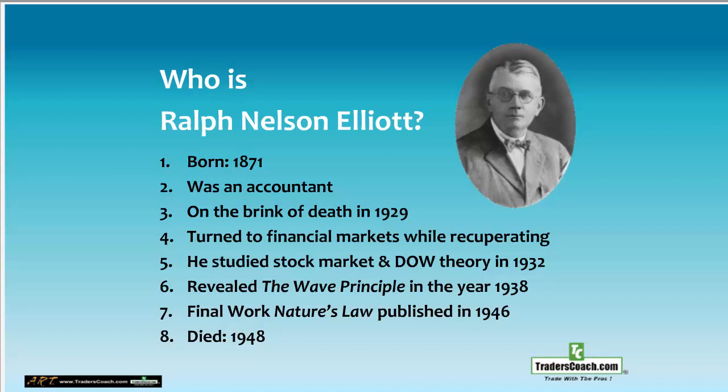So he was able to turn that recovery time into a different study of the markets. He studied the stock market and the Dow theory in 1932 and revealed the wave principle, which is a book he wrote in 1938. His final work, Nature's Law, was published in 1946. And then he died in 1948.